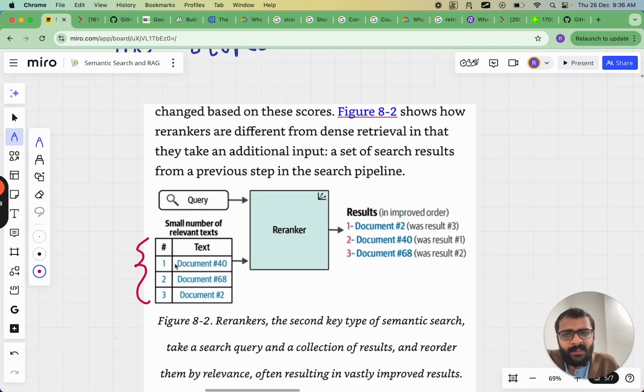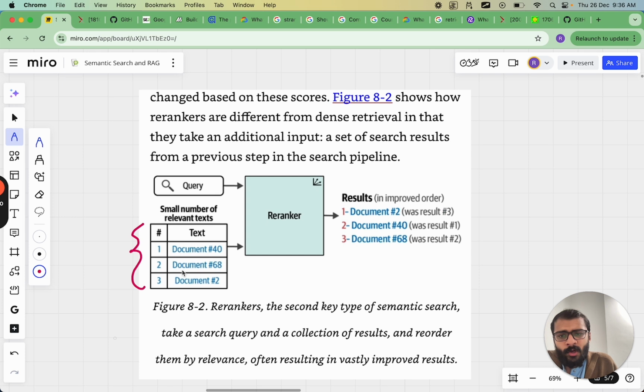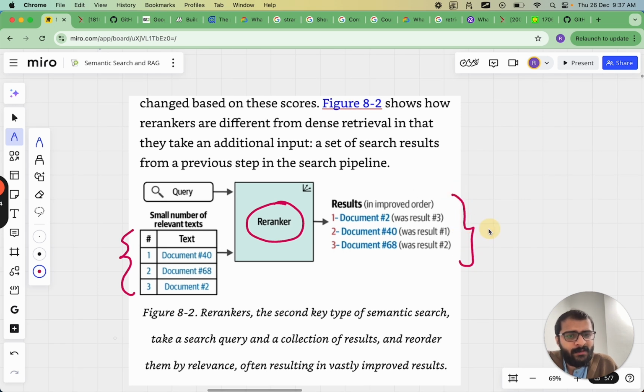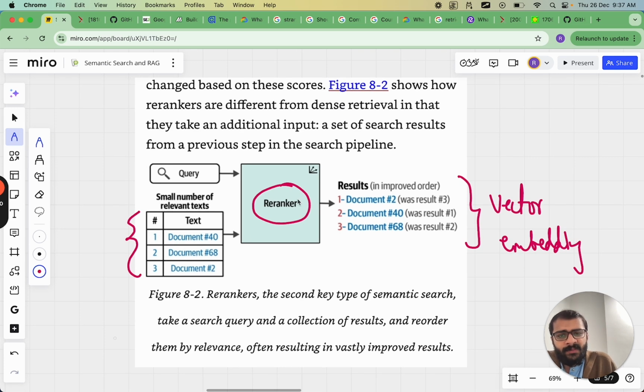But here we assume that we already have some relevant documents, and then the re-ranker is used as a second step to re-rank these documents in case the documents were not in good order. And again, the process of re-ranking is done through vector embedding itself. But the main difference here is that this re-ranking step comes after some sort of search step which has already happened.